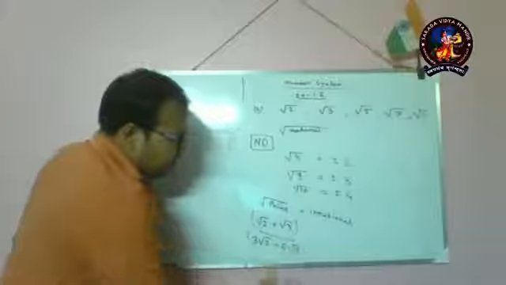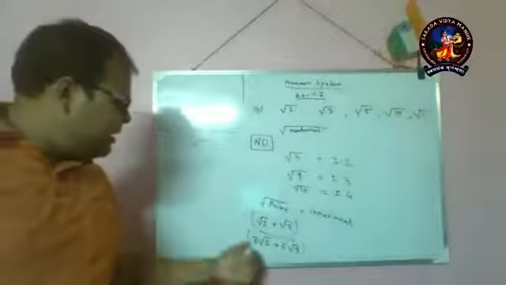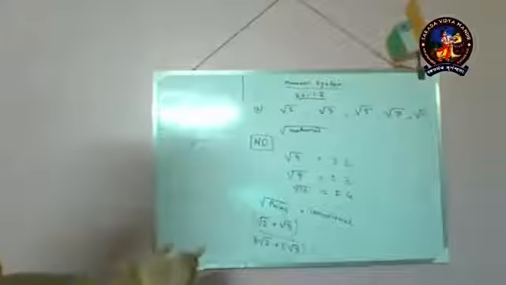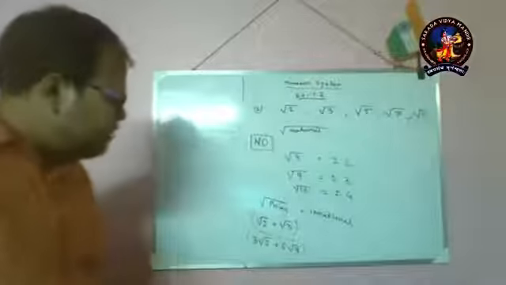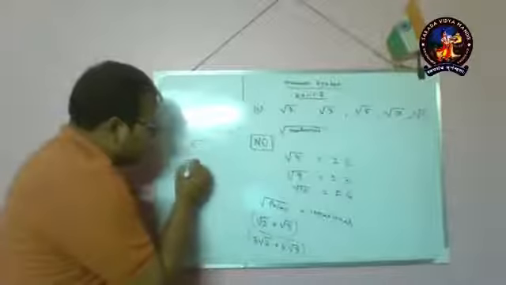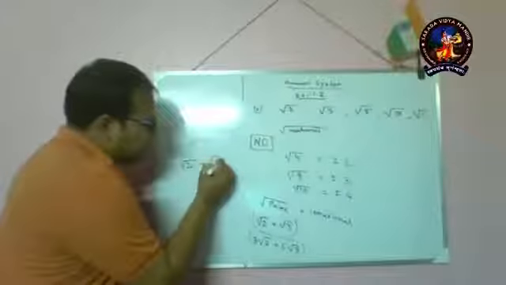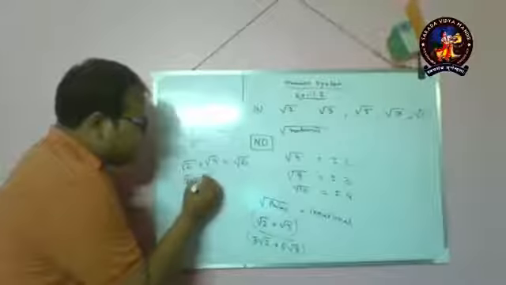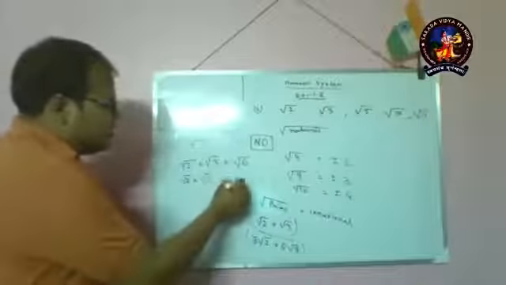If I multiply some rational number with one irrational number, the resultant will be irrational. And if I multiply two irrational numbers, then also it is irrational, except when we are multiplying the same irrational number with each other.